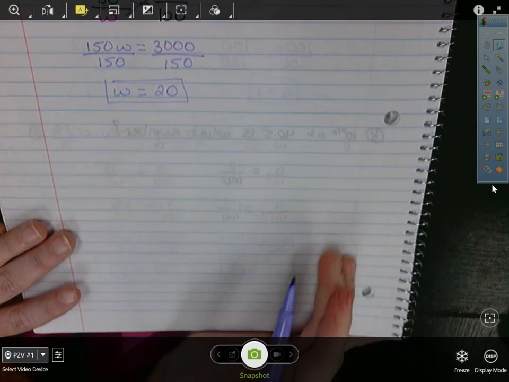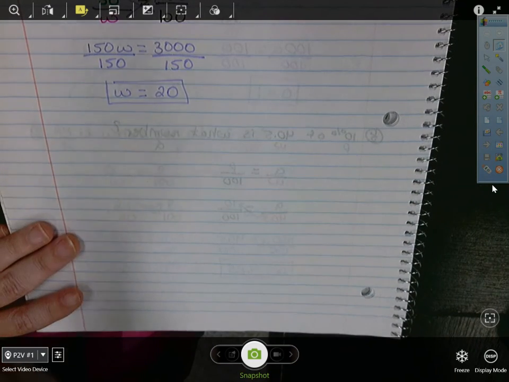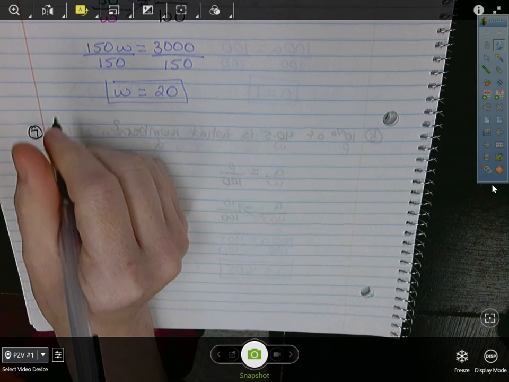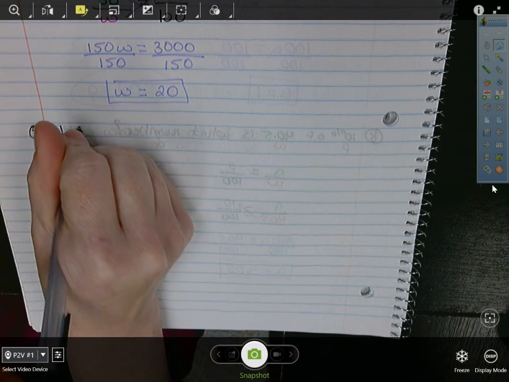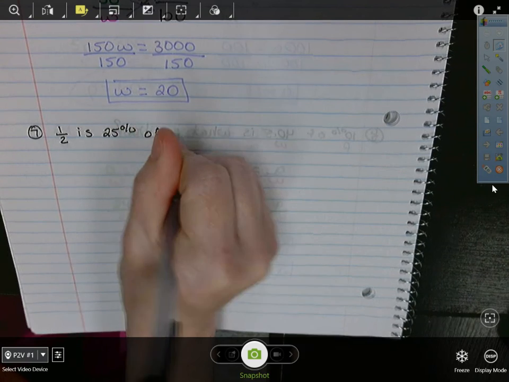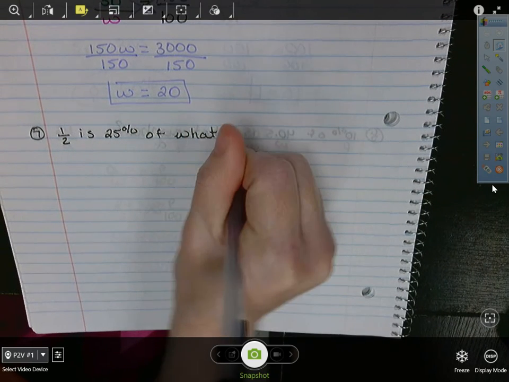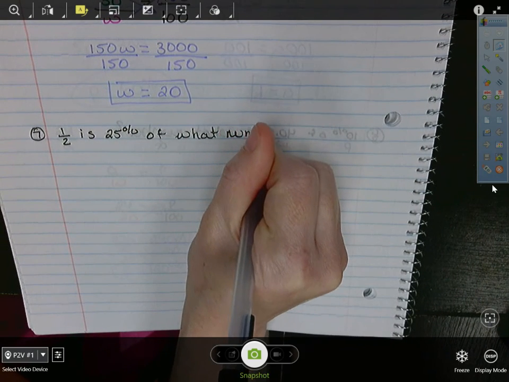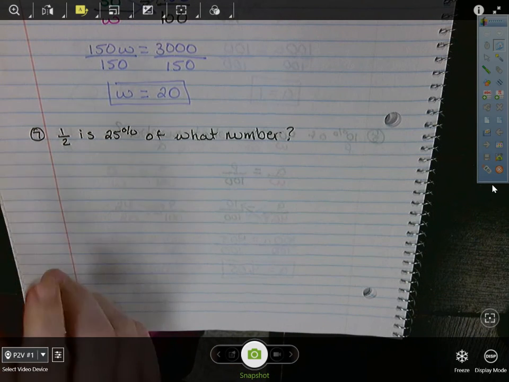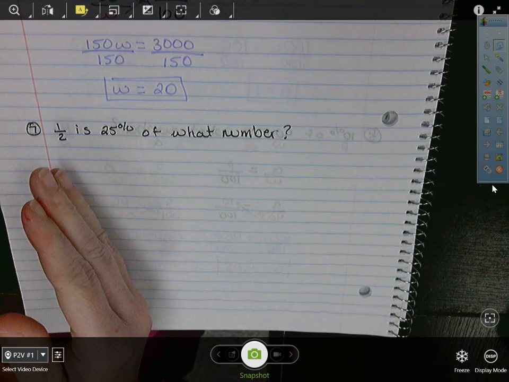Okay. Number 7. One half is 25% of what number? Okay. All right. So right away, I'm working with fractions, and I really don't want a fraction inside a fraction.